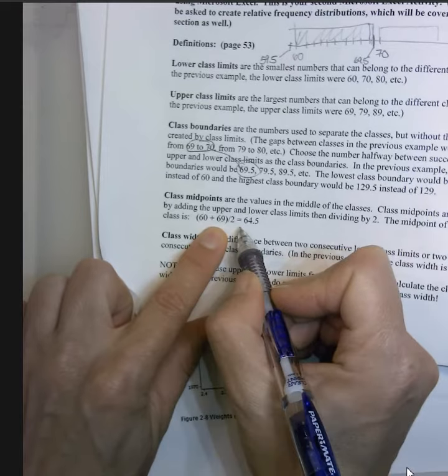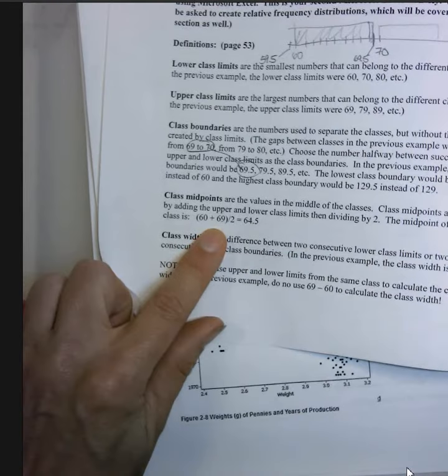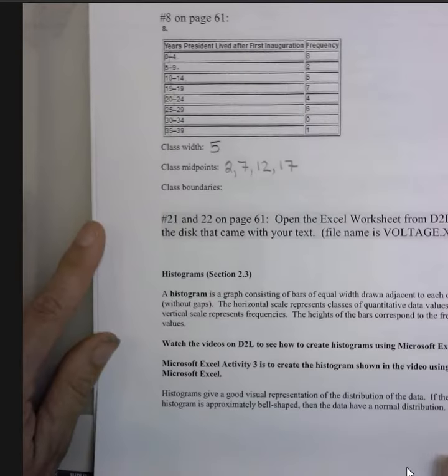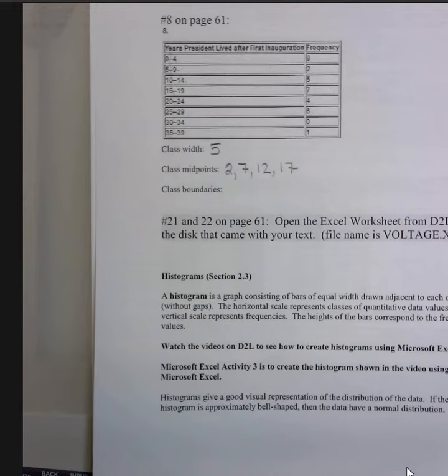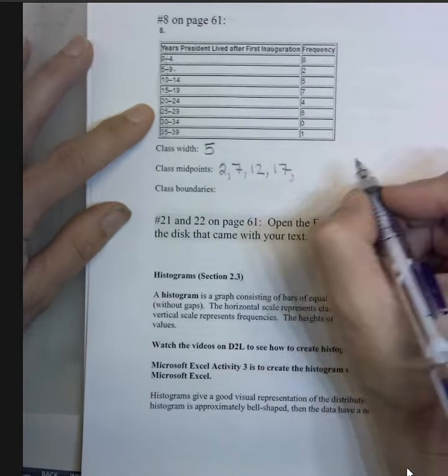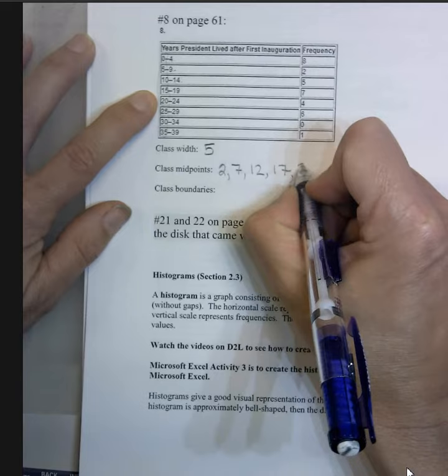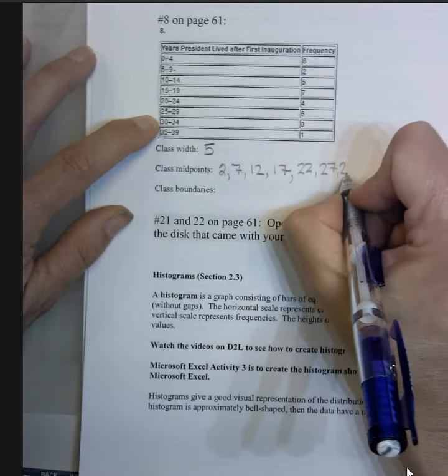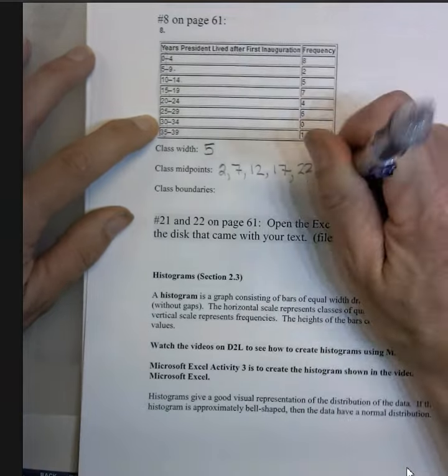But if you were writing out the class midpoints, could you write 2 plus? Oh no, you want the number. I want the number. Yep. Okay, and so the next one would be 5 up, so 22, 27, 32, and 37.